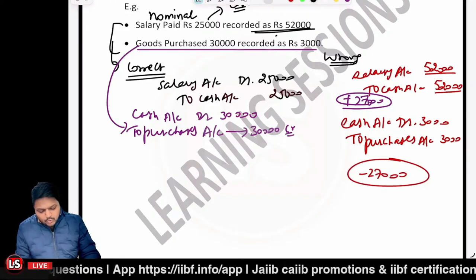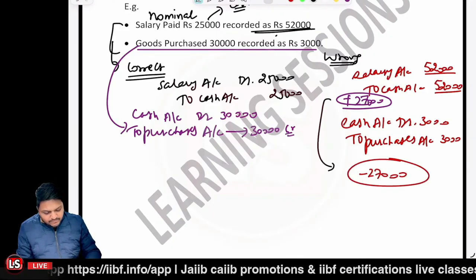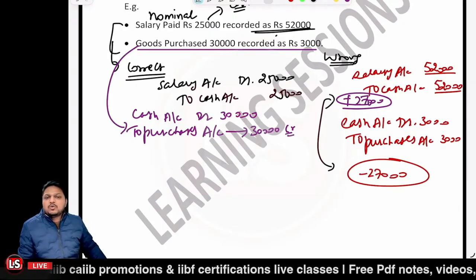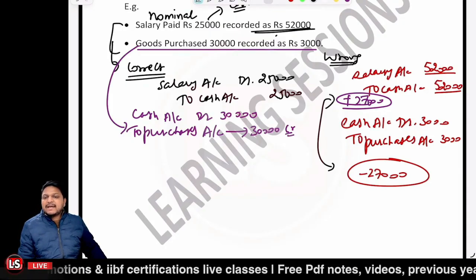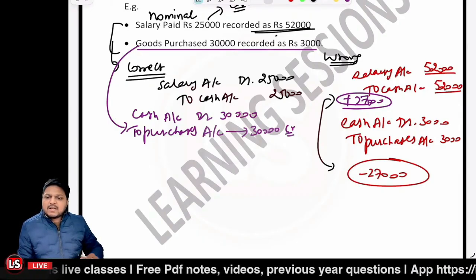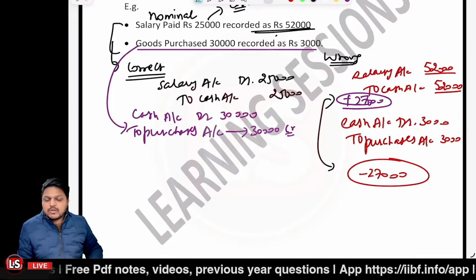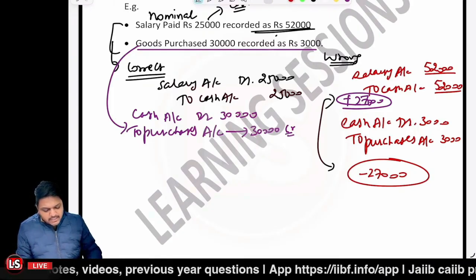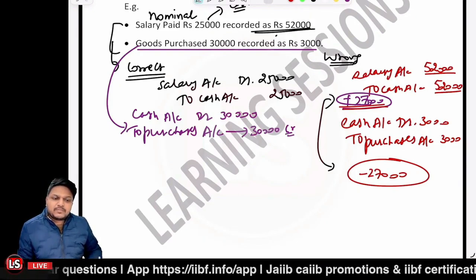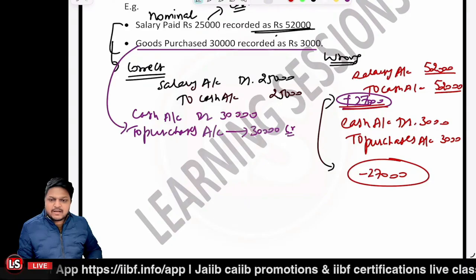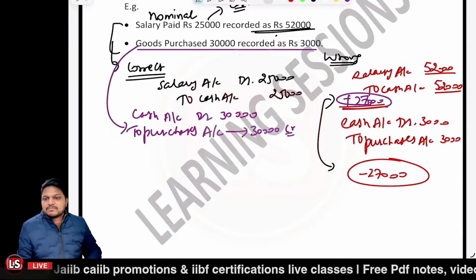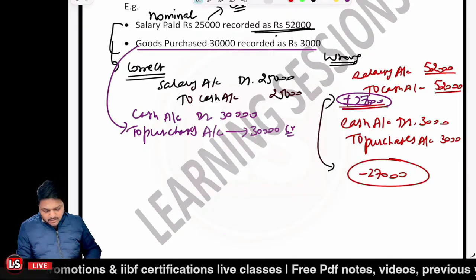Now in total, these two errors are going to compensate each other, and we won't be able to recognize these errors under the trial balance, because the trial balance is going to agree, as one particular error is going to nullify the wrong effect of the other error. So these are said to be the compensating errors.